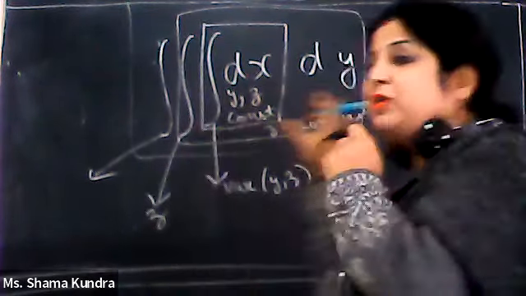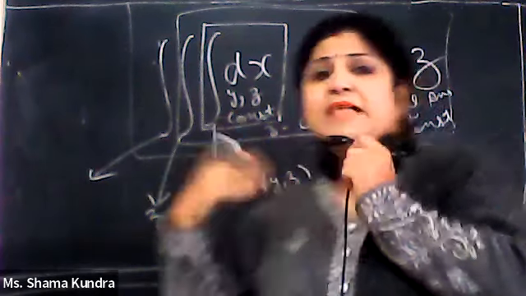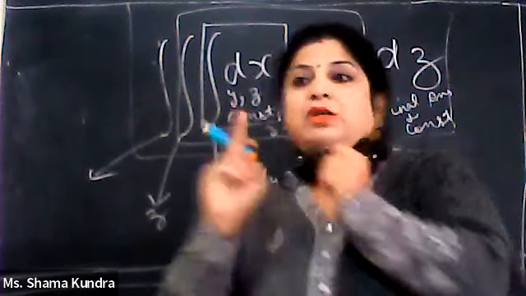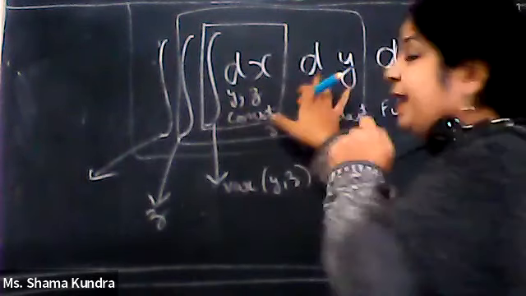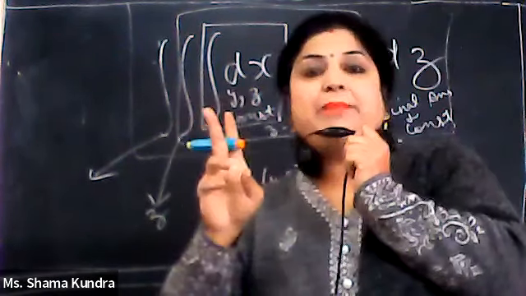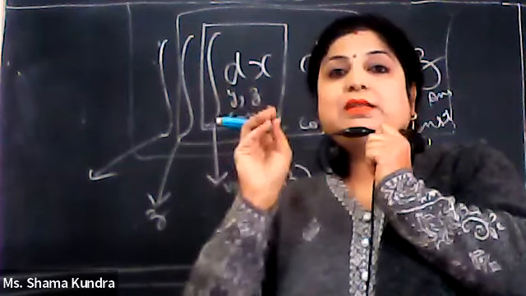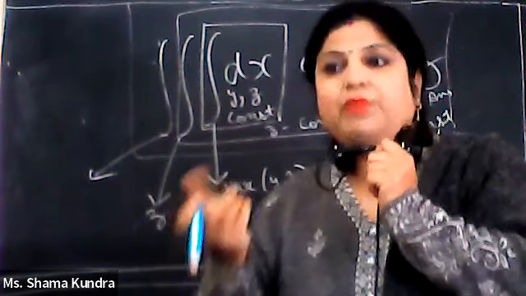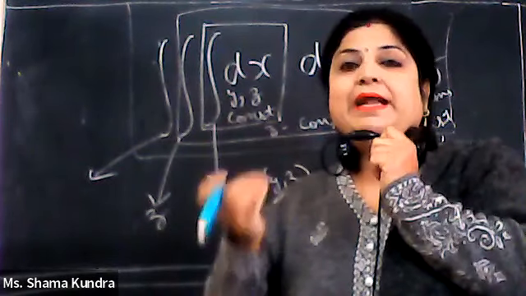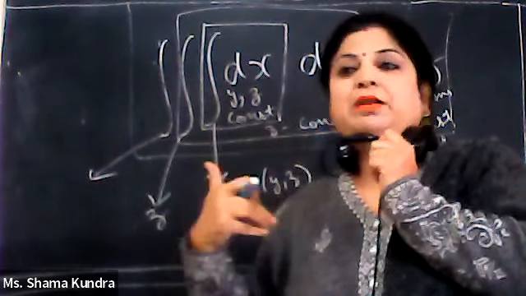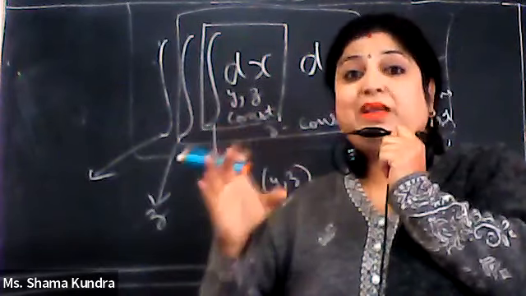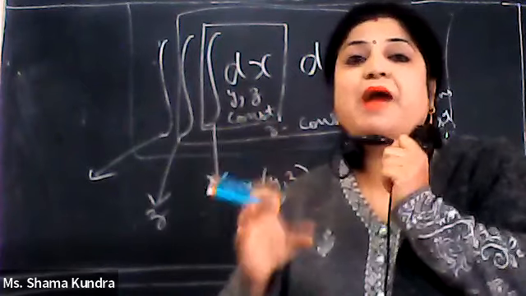And if the limits of y are in terms of z, here one variable is present, so we take it as second. And when the limits are constant, we take it as the third variable. Order of dx, dy, dz is material only when limits are given.